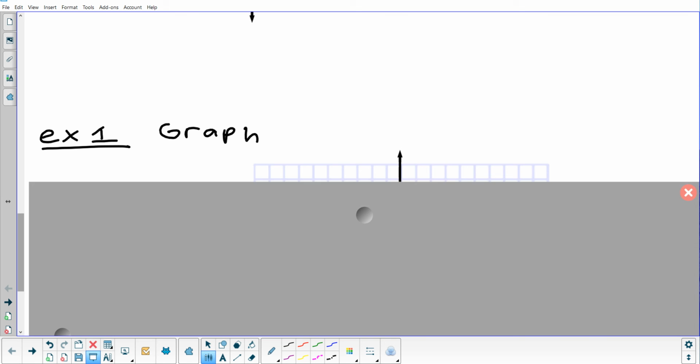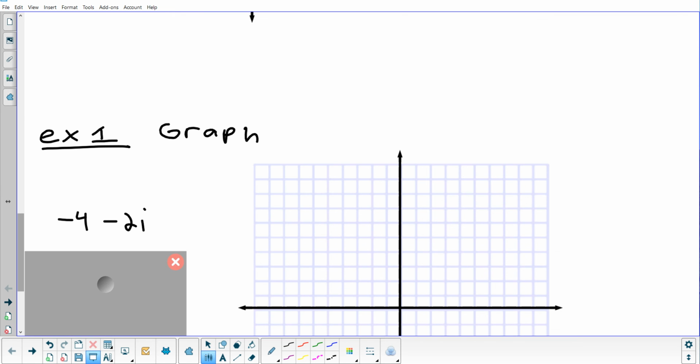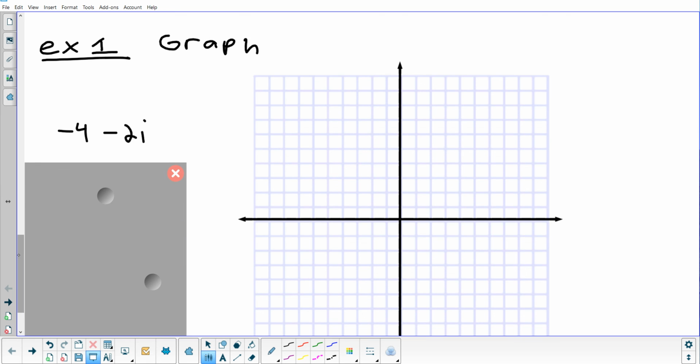Let's try -4 minus 2i. So starting at the origin, can somebody tell me how I would get to the location that's -4 minus 2i? Which way would I go? Yep. You go left 4, down 2. Right, go to -4 on the real axis, and then go to -2 on the imaginary.